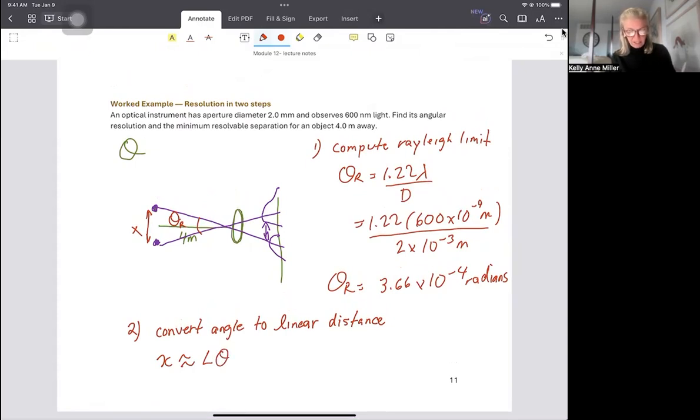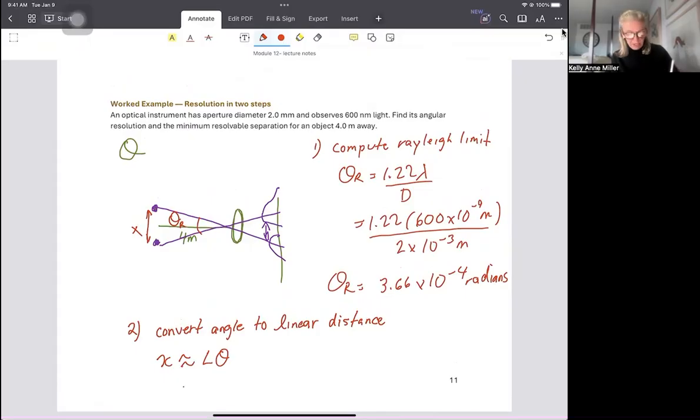Where L is the distance between the two light sources and the aperture. That's just because of trig, the triangle relationship.